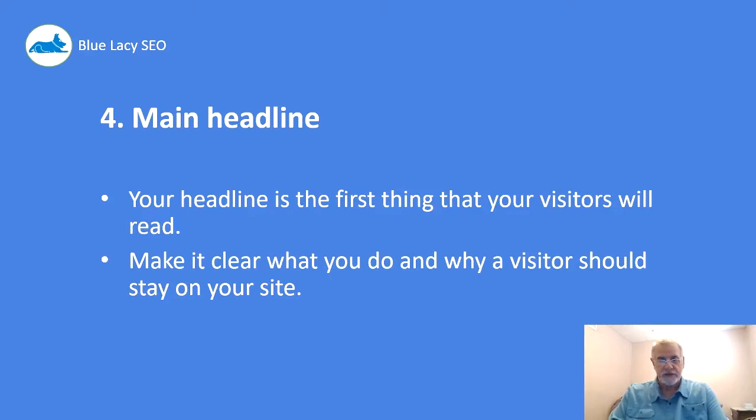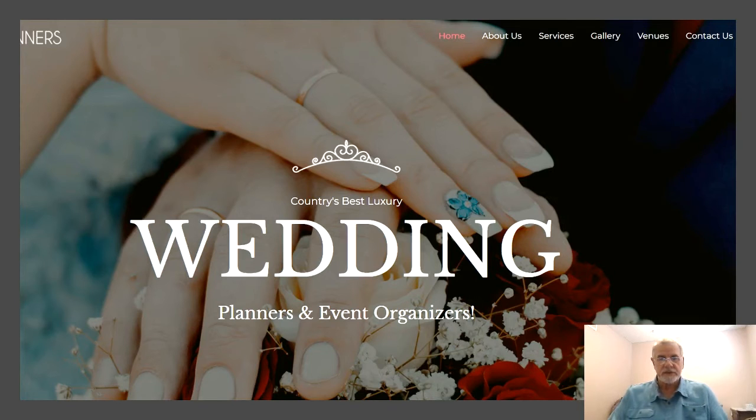Okay, the fourth thing is your main headline. Now the headline is the first thing that your visitors are going to read, so make sure what you do and why a visitor should stay on your site, make it clear. And the headline, we can go back and look at some of these. Make it clear what your site is about.